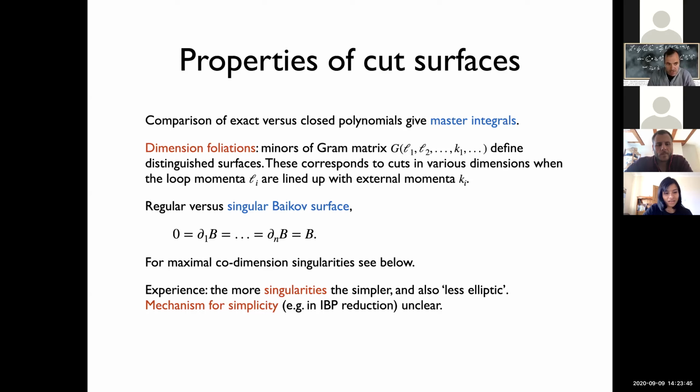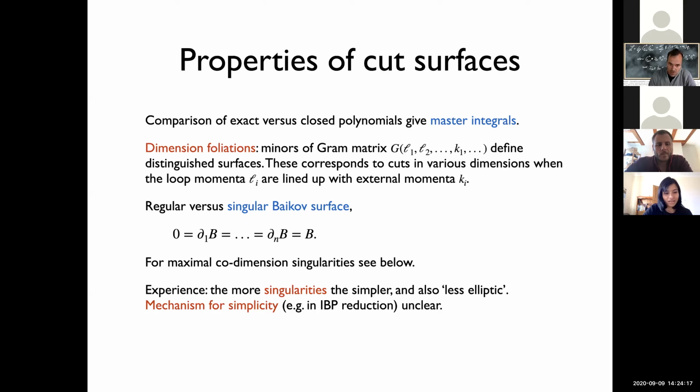Then there are particular properties of these spaces: there are actually distinguished subsurfaces here. We've met them already. These surfaces are given whenever minors of the Gram matrix vanish. There's a subsurface where the Baikov vanishes, which reduces the dimension, and this is associated to reducing the dimensionality of the loop momentum.